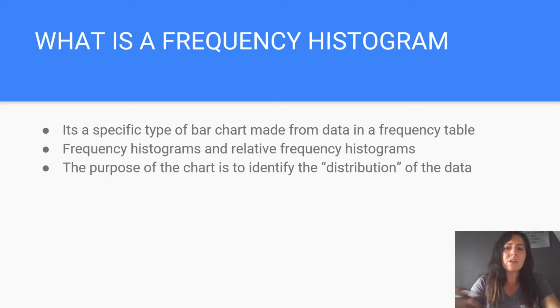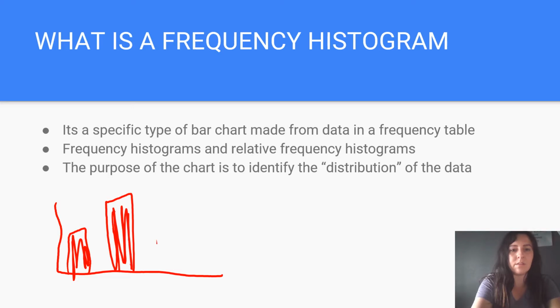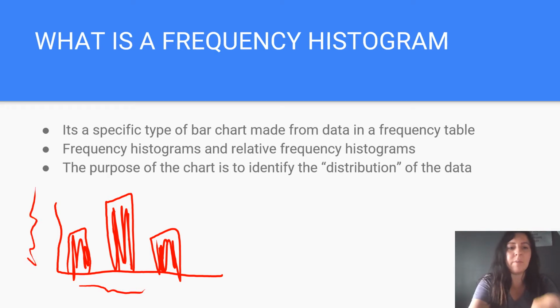I know you've seen these types of charts before, where they have some kind of constant on the bottom, and then you've got the frequency up here, and there it is. So we're going to look at frequency histograms and then relative frequency histograms.